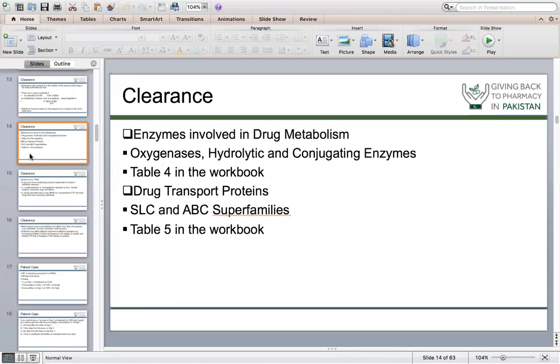They are listed in your study material, which will be shared by Giving Back to Pharmacy in Pakistan at the end of this presentation. Also for clearance, drug transport proteins are important; if you can review those, the list is given in the study material, like the SLC and ABC superfamilies.